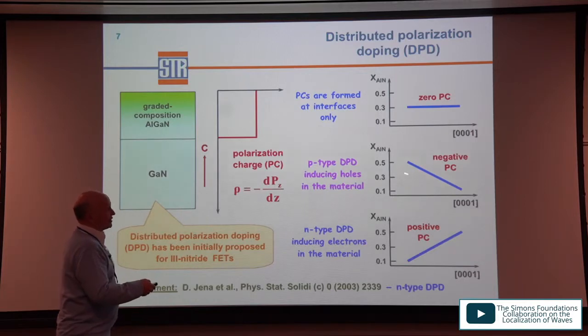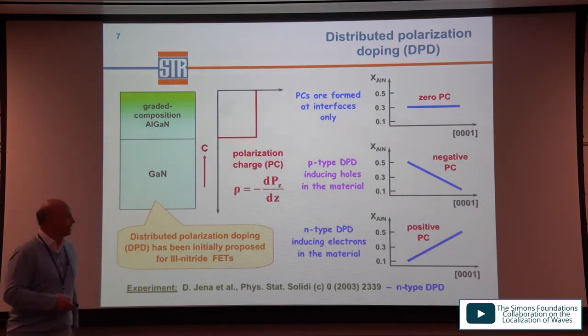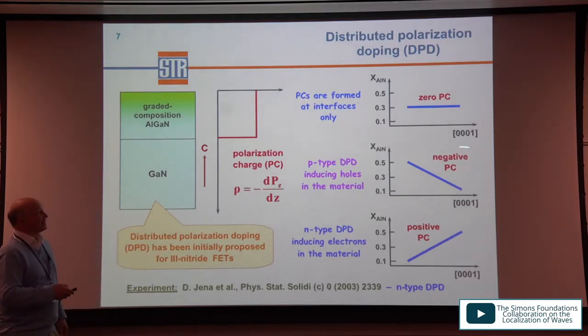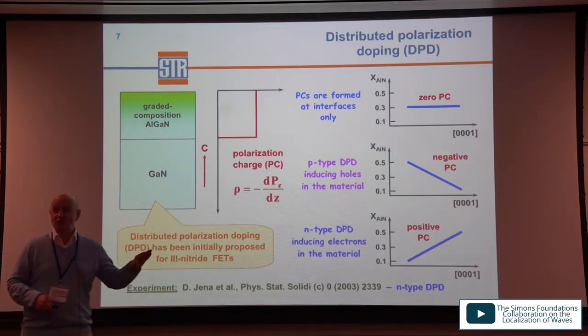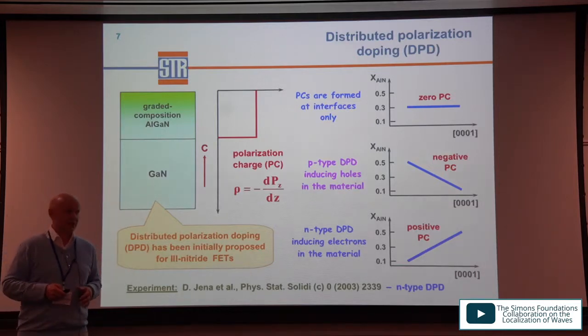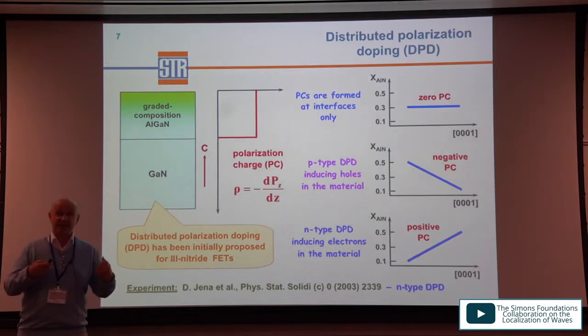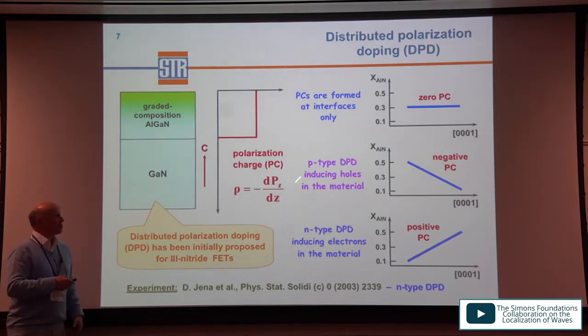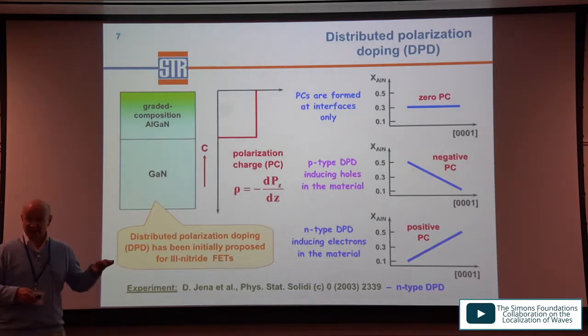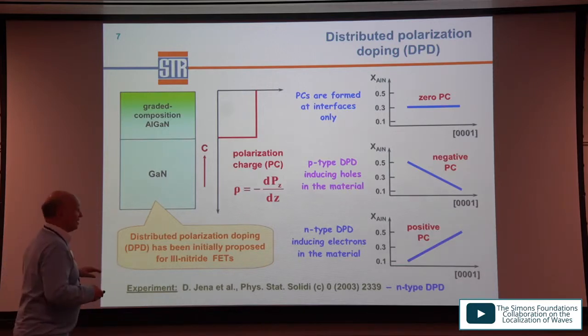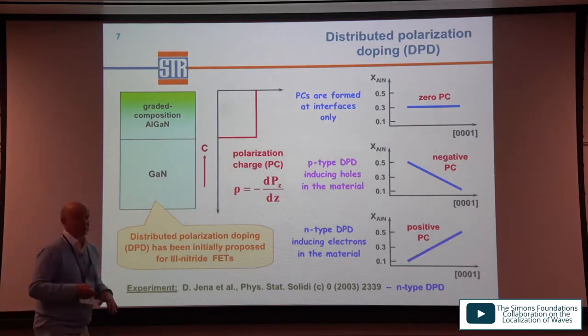If the gradient is of opposite sign, in this case, a negative polarization charge is formed in the bulk of the graded composition semiconductors. And this results in accumulation of holes in this region, which is helpful in some particular cases.